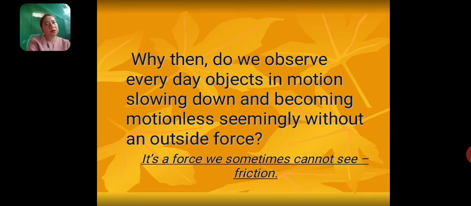So this is the question for you. Why then do we observe everyday objects in motion slowing down and becoming motionless, seemingly without an outside force?